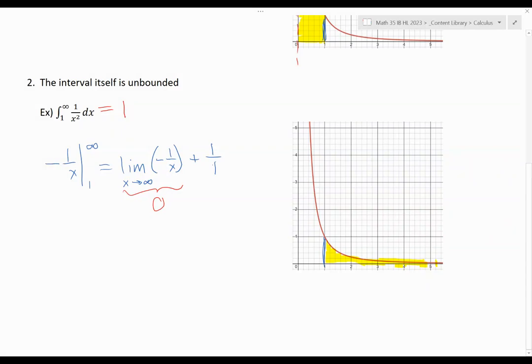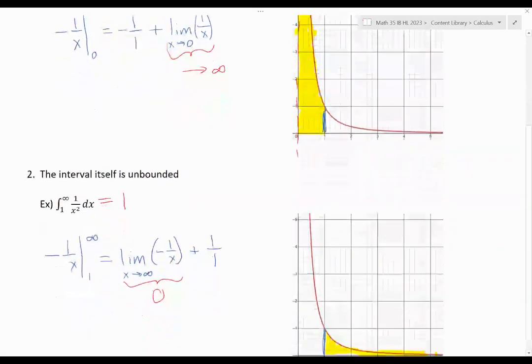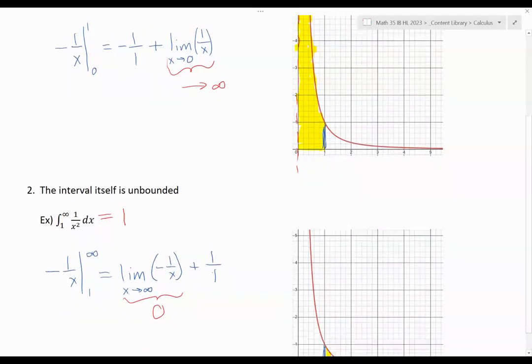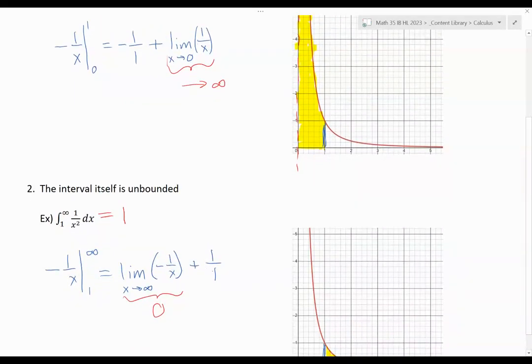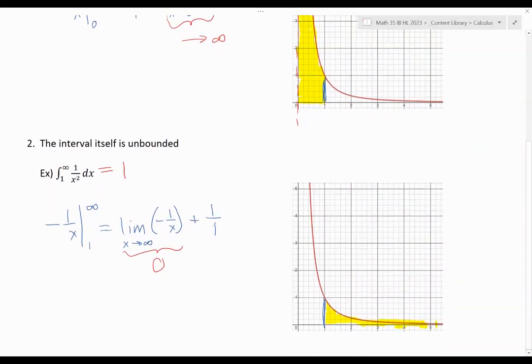In both cases, it seems like roughly the same thing is happening: I have a curve approaching an axis or an asymptote, and an area being sought as the edge of it approaches the asymptote. But what we can see is that sometimes that area is finite and sometimes it is actually infinite. To tell the difference, we have to look at a limit and see if the limit exists.